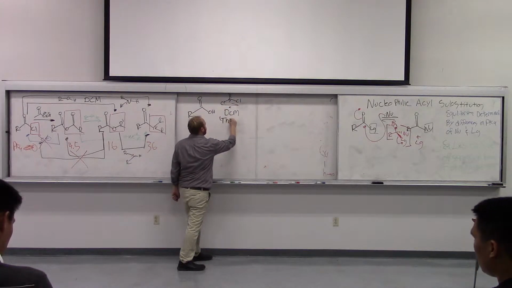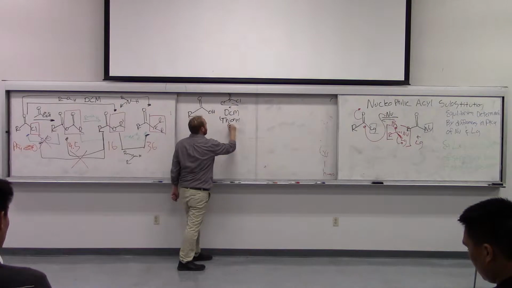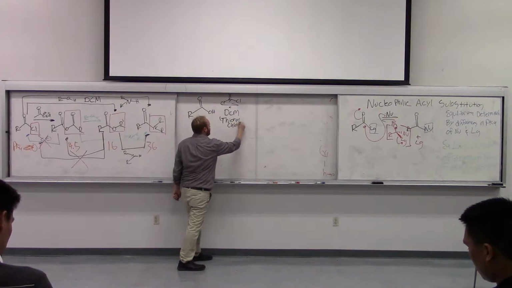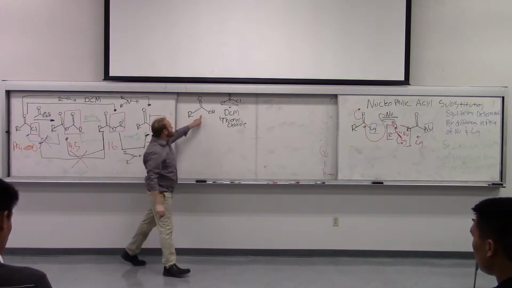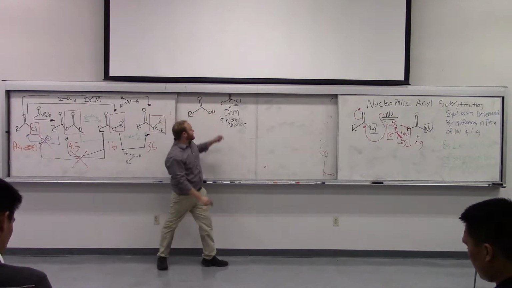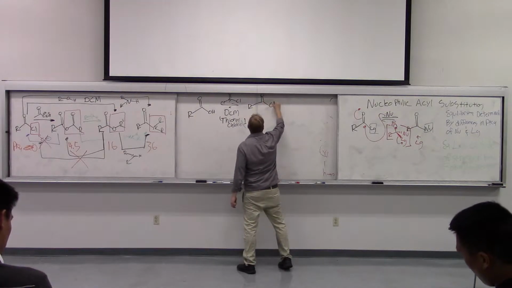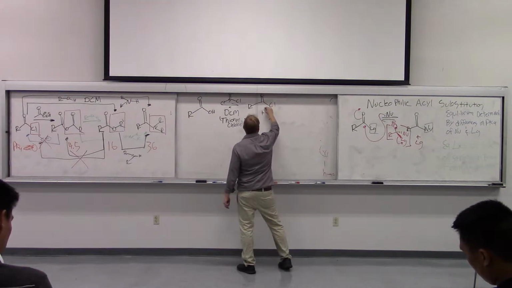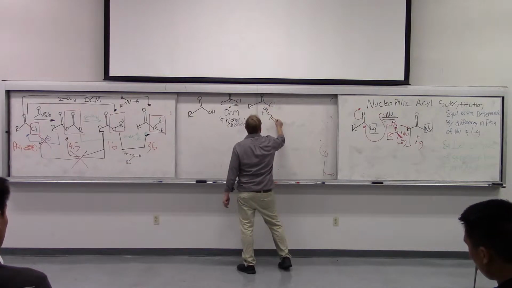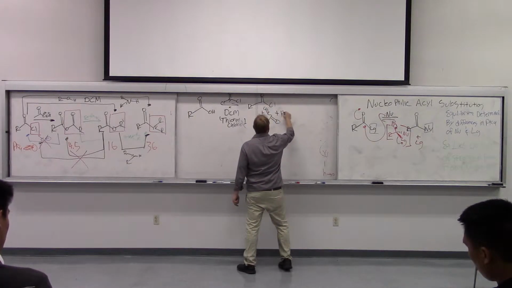So if you take this carboxylic acid plus thionyl chloride, you'll get an acid chloride out, plus SO2, plus HCl.